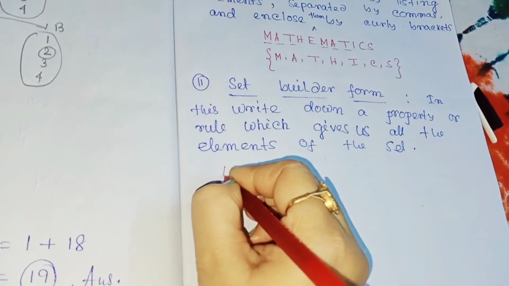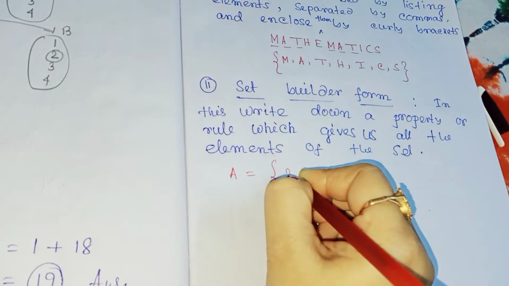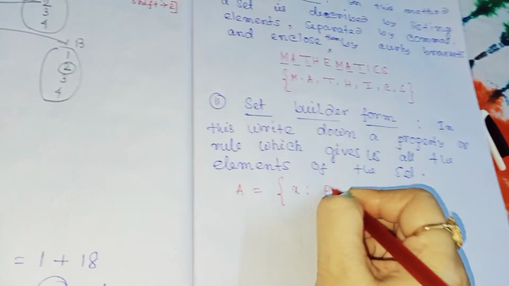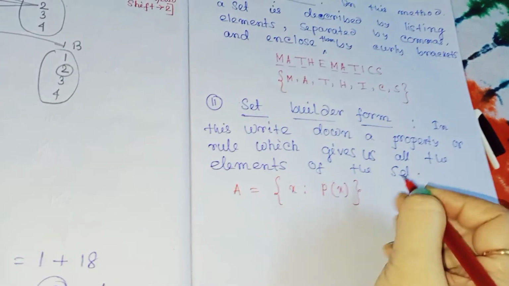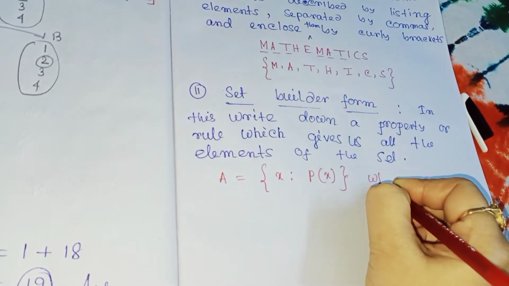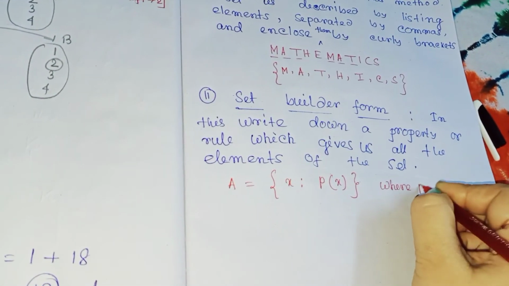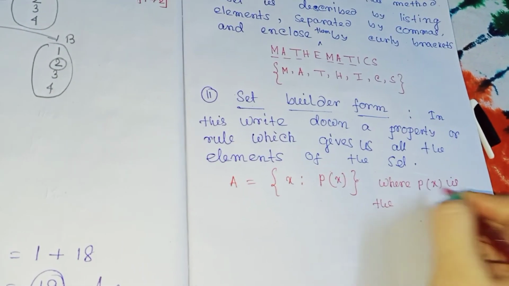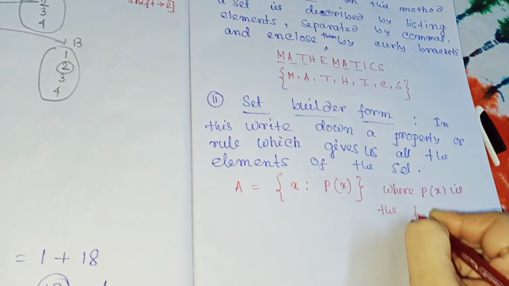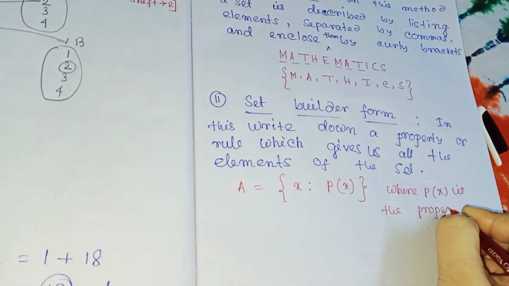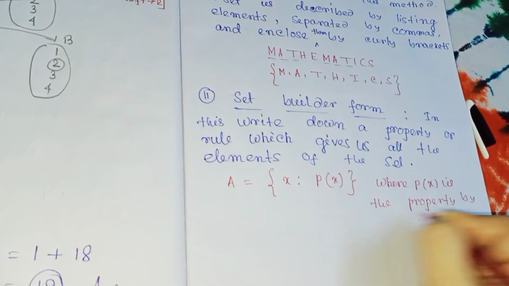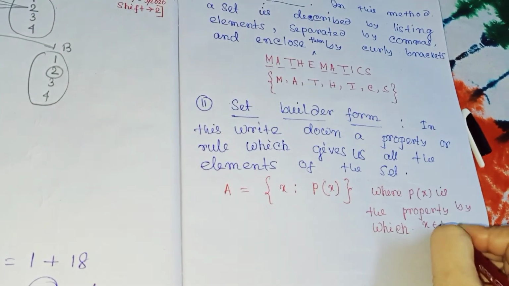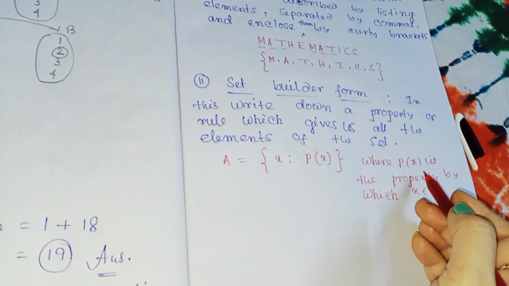That is A equals {x : P(x)}, where P(x) stands for the property by which x belongs to A. Is it clear, everybody?